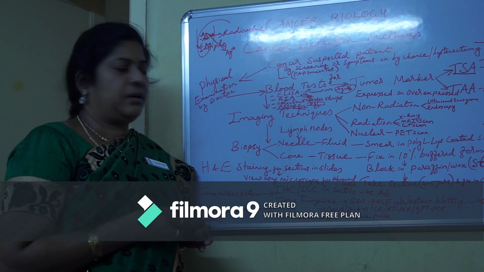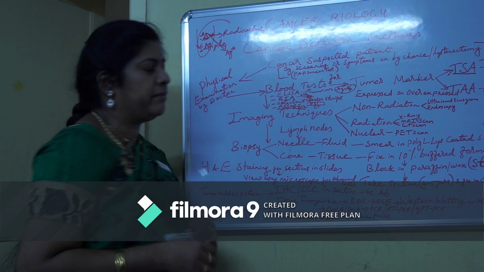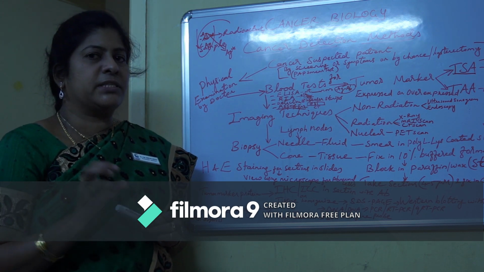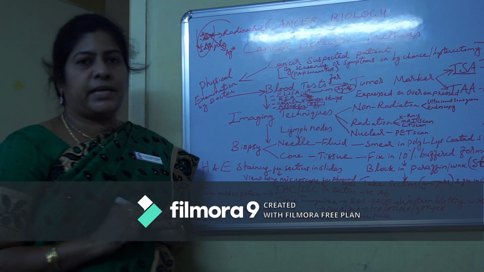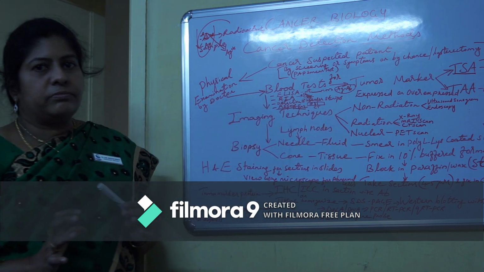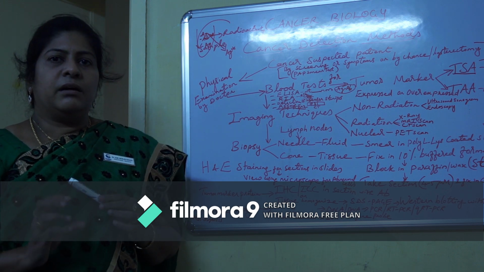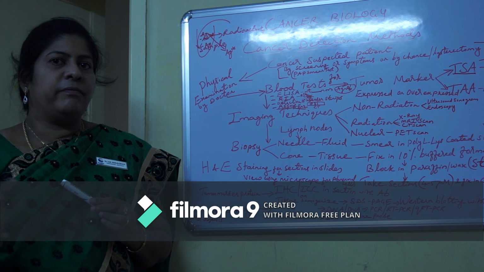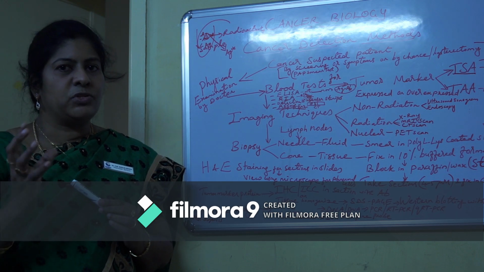And then further we have the nuclear method where we have the positron emission tomography which can give the scan called the PET scan. So these imaging techniques also will give some kind of information whether the cancer is there, where it is, and almost the size.